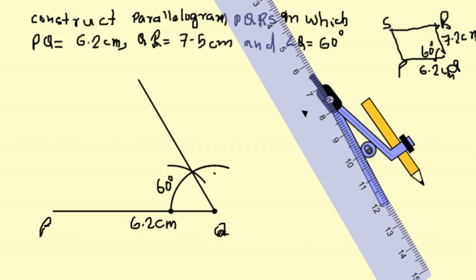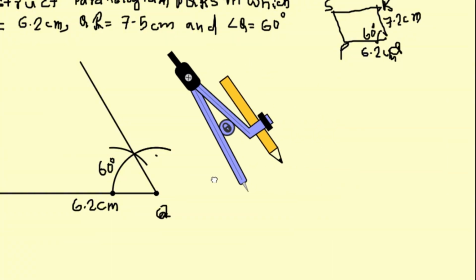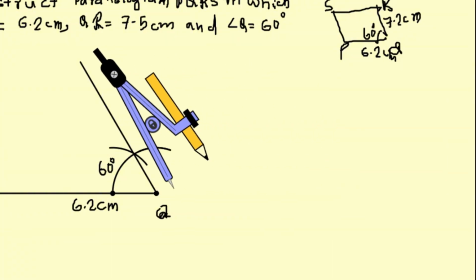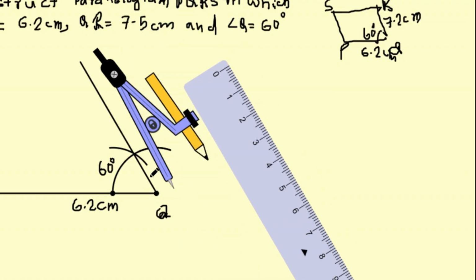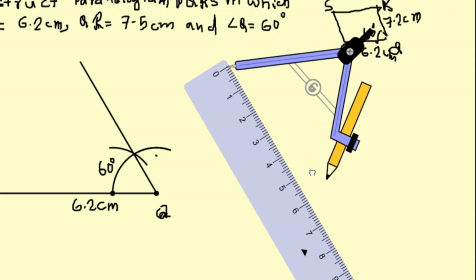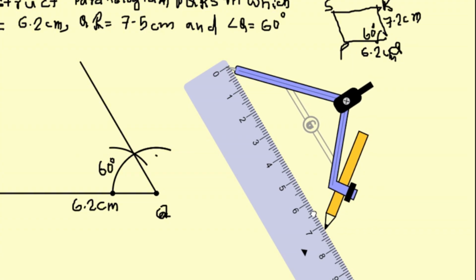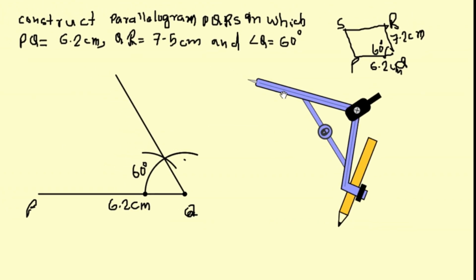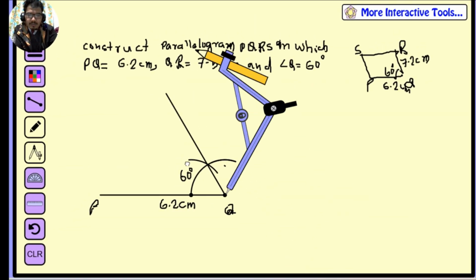And then take the help of the compass and ruler, and on this ruler measure like this. Put it here at 0 and move it till 7.2 here. This is 7.2. And then from here, from this Q, cut this side.